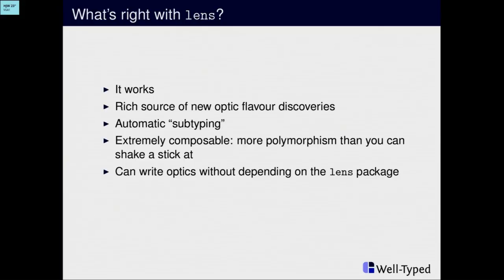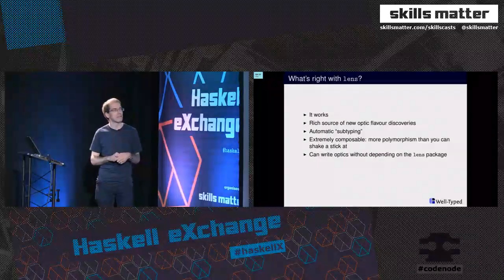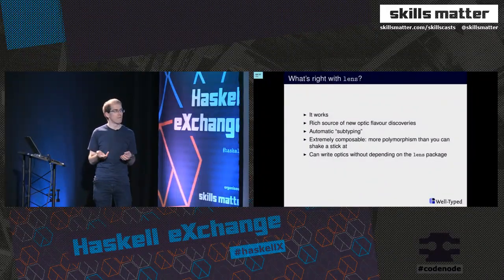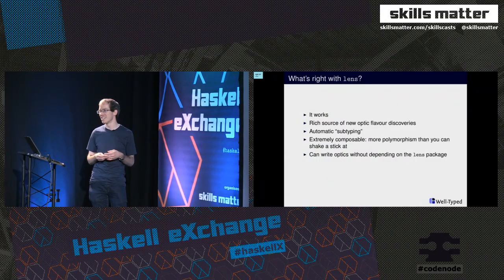As I say, you get this automatic subtyping like behavior, and you get a huge amount of ability to compose together different optics and different things that don't necessarily quite fit into any of these abstract interfaces I've been setting out, just because there are no distinctions between abstract types.